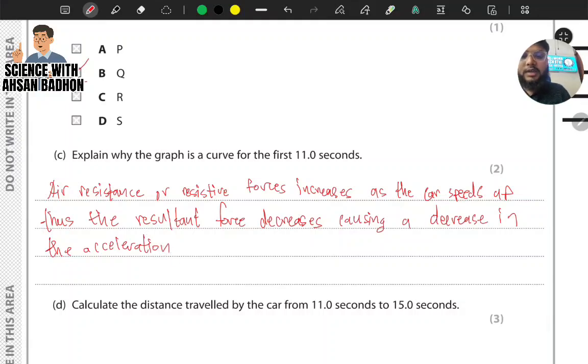Since the gradient gives us the acceleration, a decrease in acceleration means a decrease in gradient. So the gradient decreases.